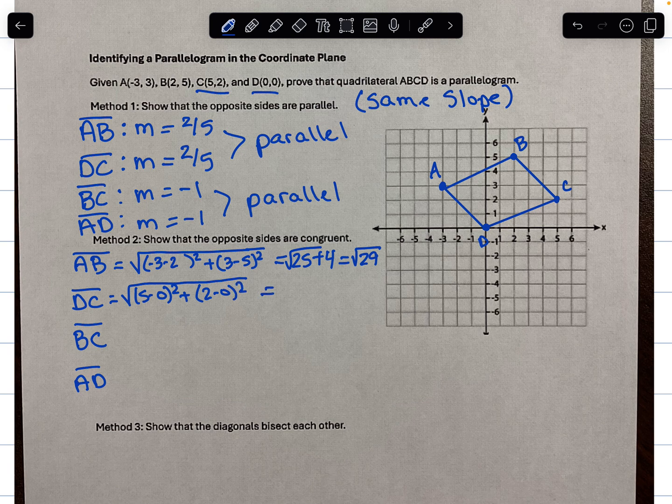So essentially, we just have 5 squared. What is 5 squared? 25, like we just had, plus 4, right? So same length on opposite sides here. Now we just need to go and check BC and AD.